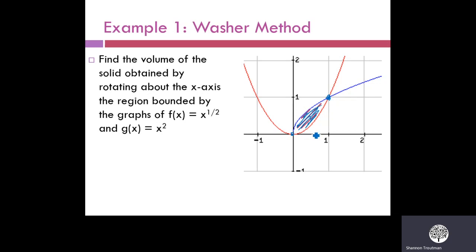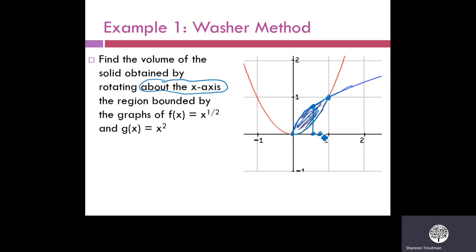The key now is to see which function is further from your line of rotation. We're rotating about the x-axis, and this is your entire region. If you start at your x-axis and go to the outer edge, this is your square root function.